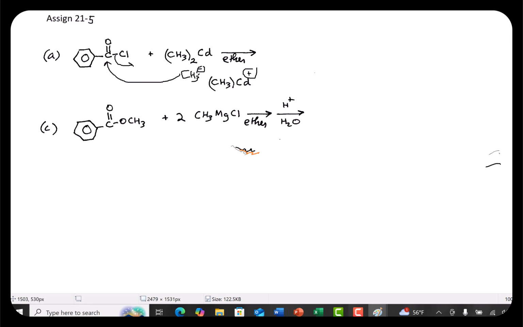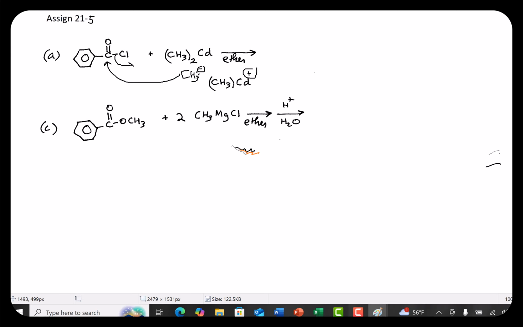And here's the key. We learned in chapter 20 that ketones and aldehydes are subject to addition by the category 1 organometallics. But the category 2 are not reactive enough to effect addition. They will provide nucleophiles for an acyl carbon substitution if the derivative is sufficiently reactive, and acid chlorides are the most reactive.